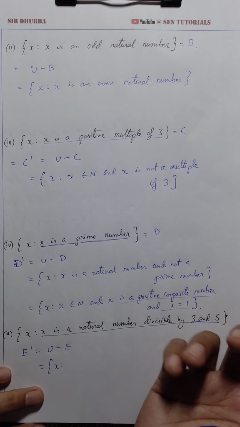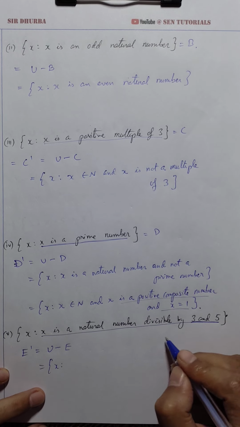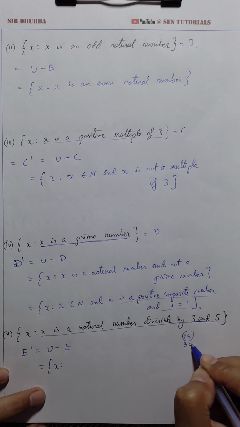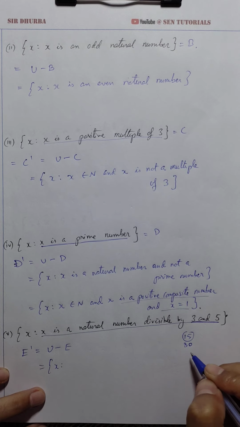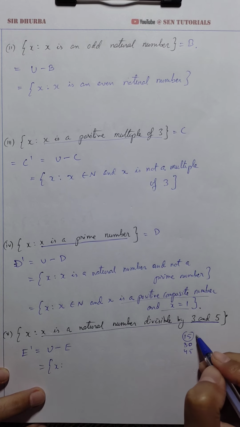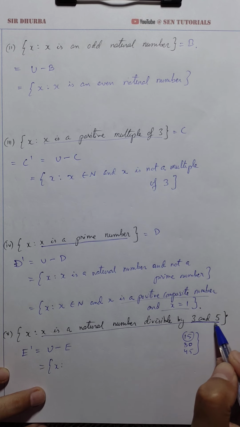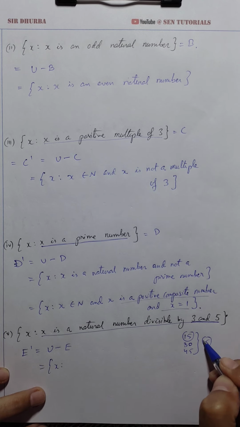What is the smallest natural number divisible by 3 as well as 5? 15. Then 30, I guess, right? Then 45. So automatically a natural number which is divisible by 3 and 5 is a number that is divisible by 15. So we can write it in that way also.